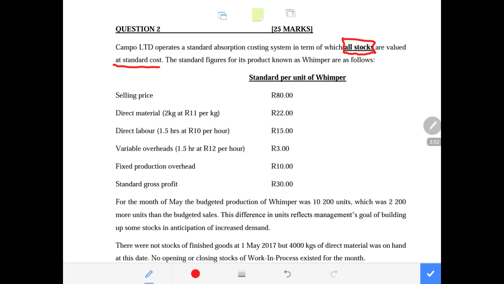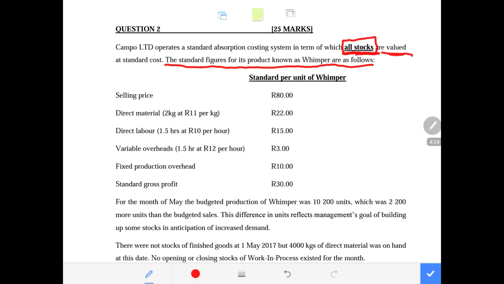And you'll see the impact of that when we compile our variance. The standard figures for its production of WIMPA, which is the product, are as follows. So now we are given the standard information at which all stock should be valued, because they said all stock is valued at standard cost.